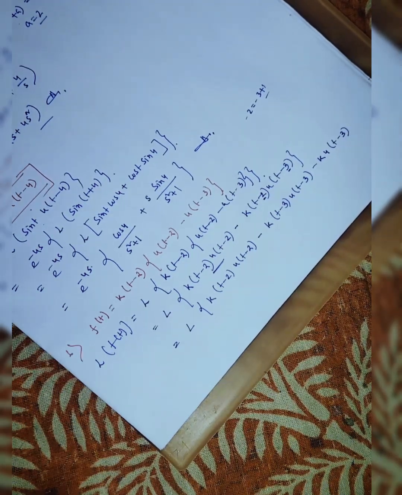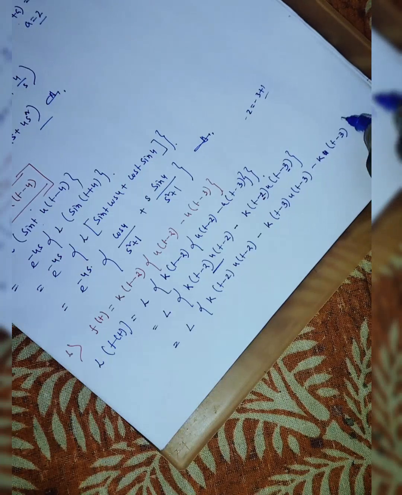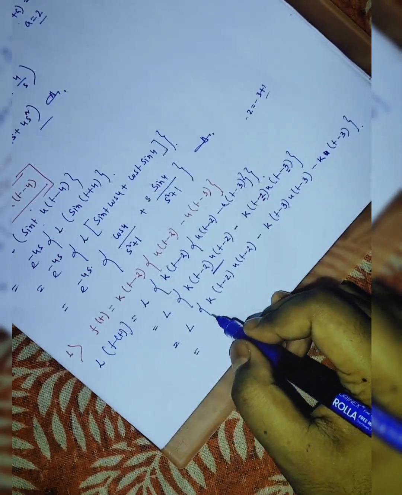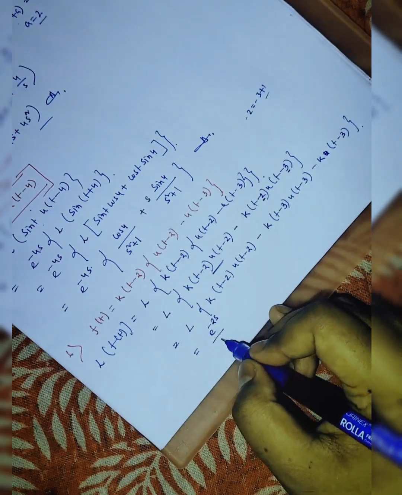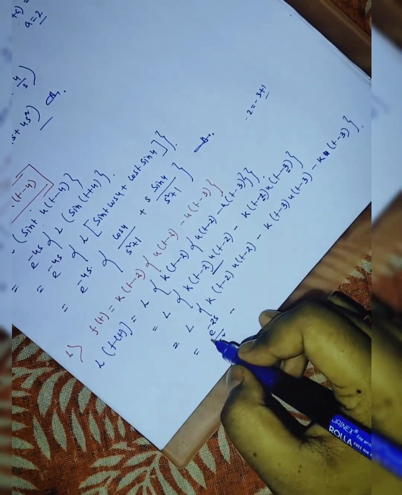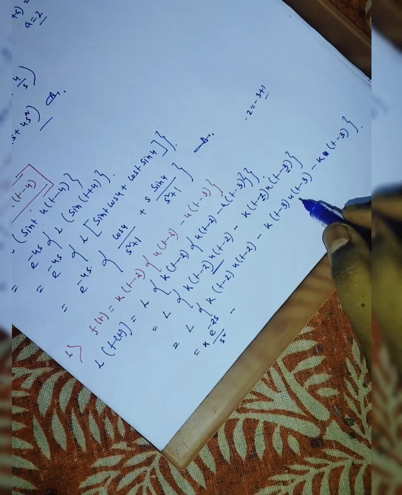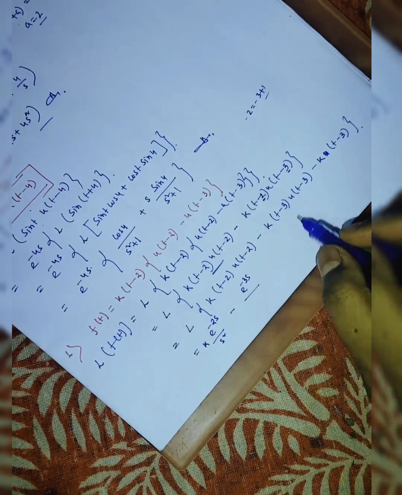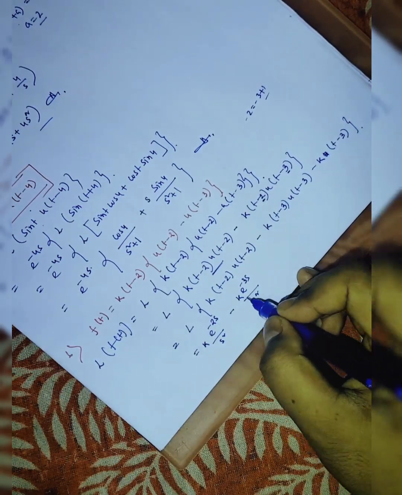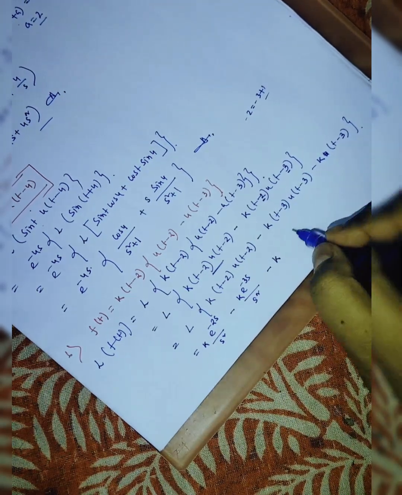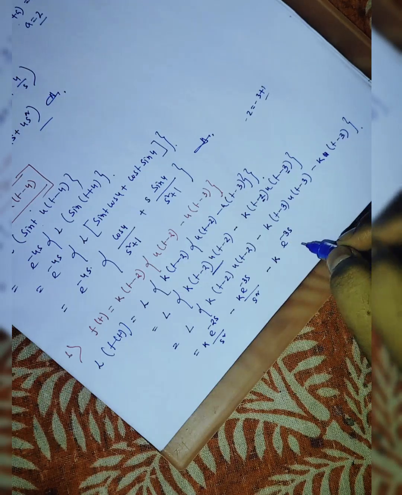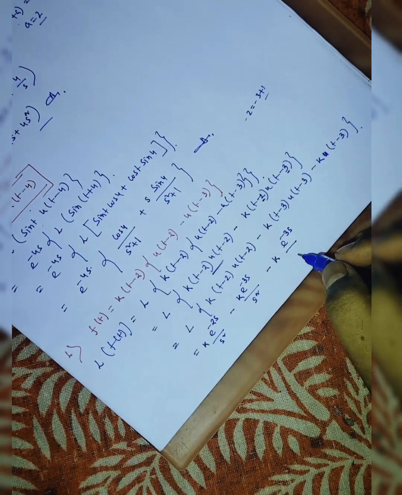Now you can easily use it, because individually it will be k e to the power minus 2s by s squared for L of t, and here k e to the power minus 3s by s squared, and after that minus k into e to the power minus 3s by s.